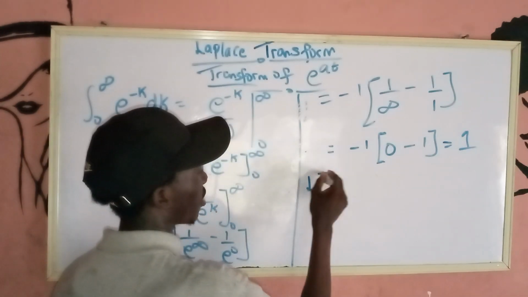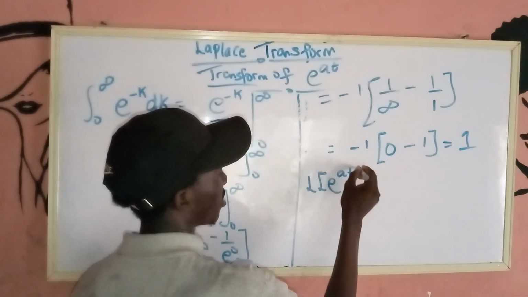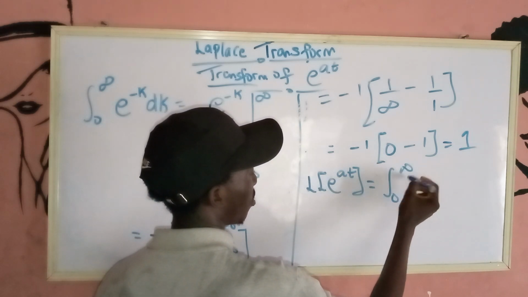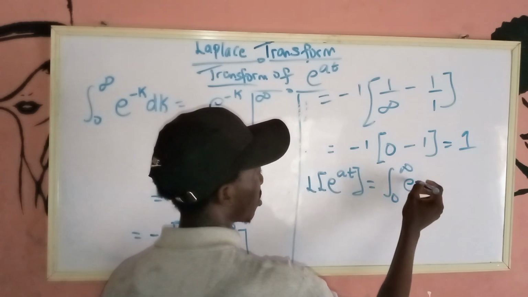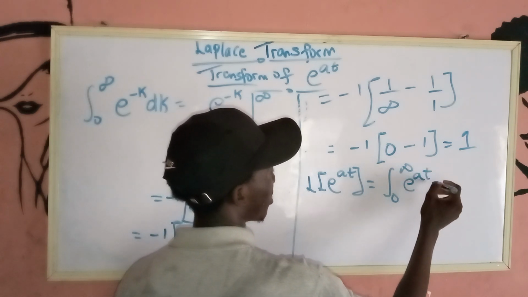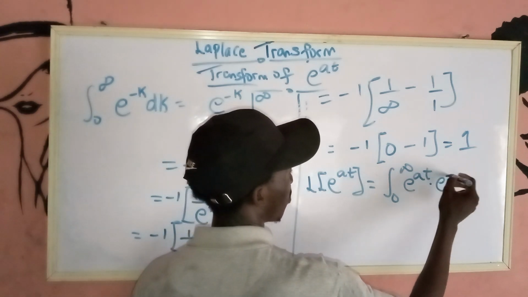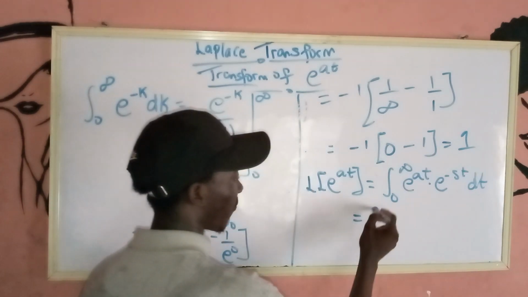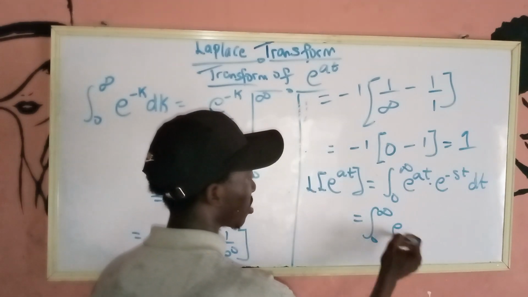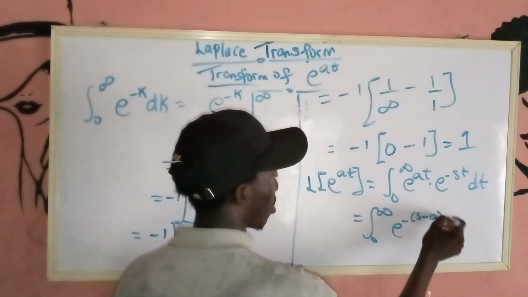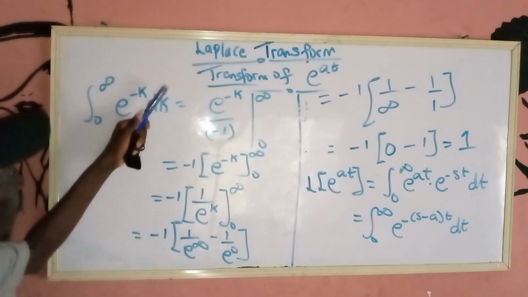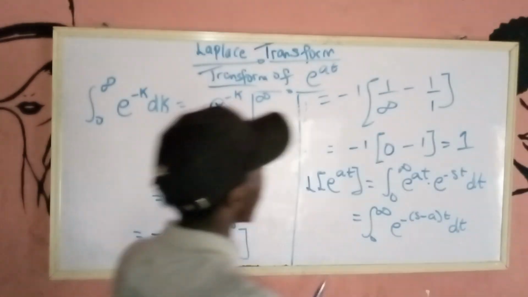Therefore, Laplace of e raised to power at, which is equal to the integral from 0 to infinity of e raised to power at times e raised to power minus st, dt, I then transform to become this. Following this proof, I'll be using this result in my answer.